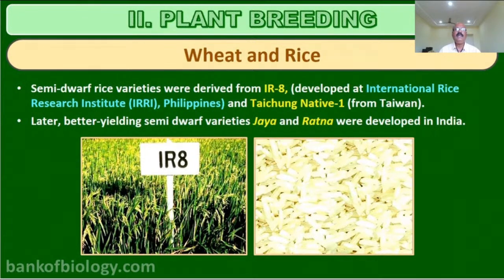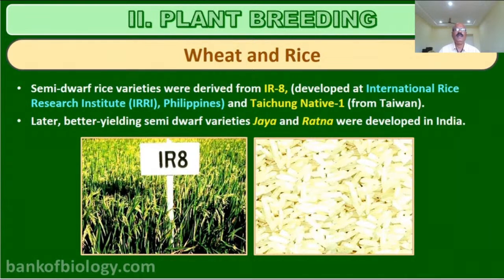Semi-dwarf rice varieties were derived from IR8, developed at the International Rice Research Institute, simply called IRRI, located in the Philippines, and Taichung Native 1 from Taiwan.